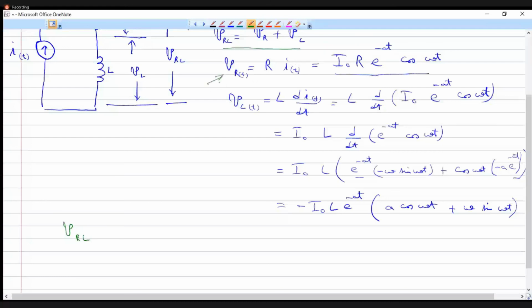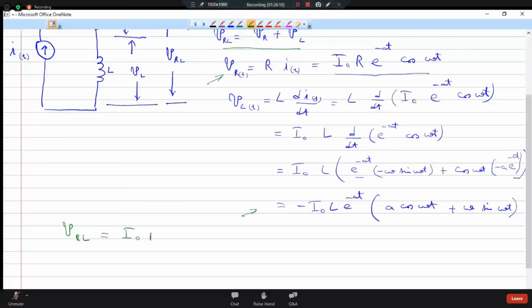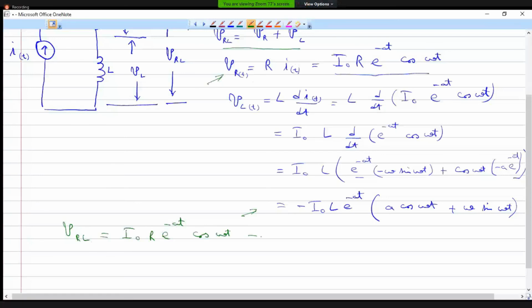VR I have found here and VL is this expression. So that is equal to I naught R e power minus at cos omega t, minus I naught L e power minus at into a cos omega t plus omega sin omega t.